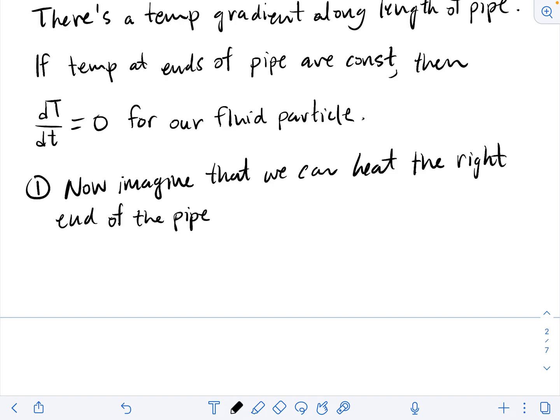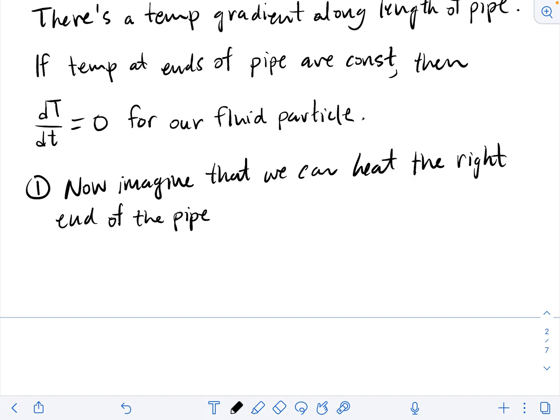So that means there's still a temperature gradient. Temperature's changing with position along the pipe, but now it's also changing in time, so that even if we have our fluid particle at rest, its temperature will be changing with time because we're changing the temperature at one of the ends of the pipe.